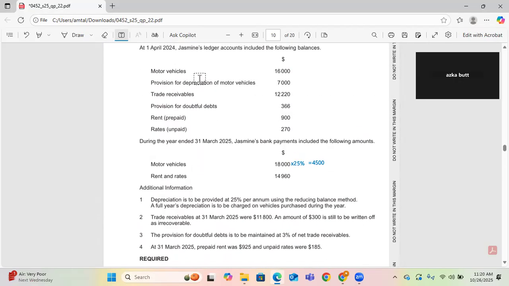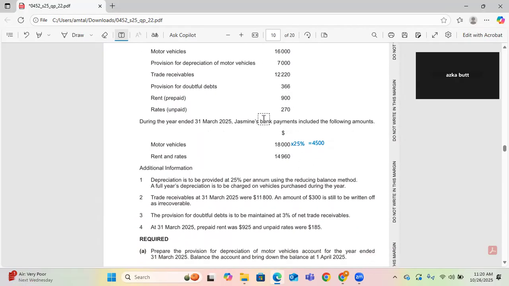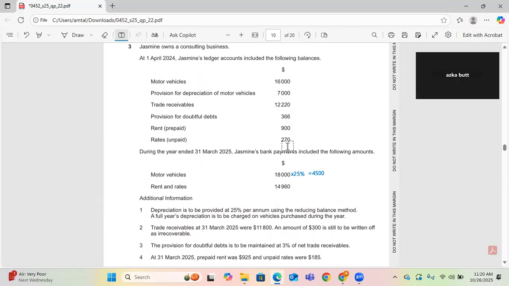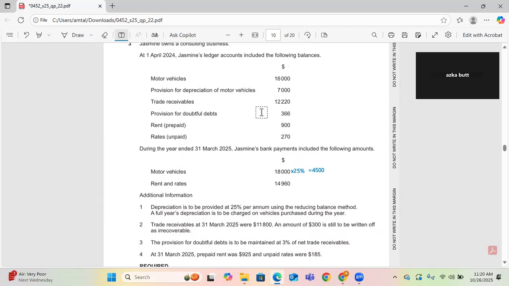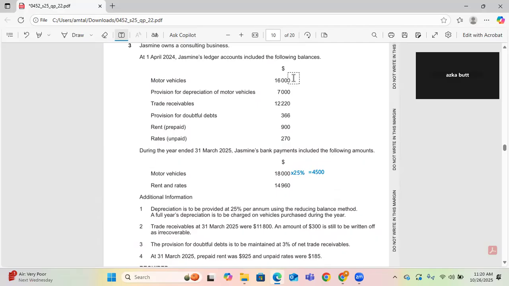Then we have this motor vehicles, and since we are using the reducing balance method, we need to apply the depreciation rate on the net book value. So this is the motor vehicle cost. This is the provision for depreciation. Let's deduct this to find out the net book value. So NBV is equal to cost minus AD, accumulated depreciation.